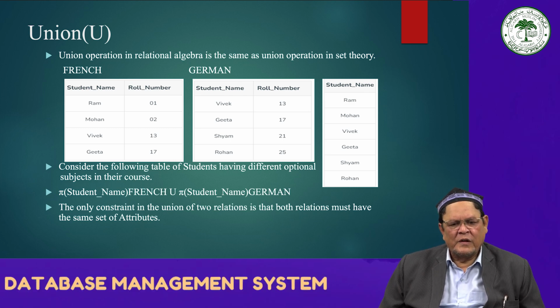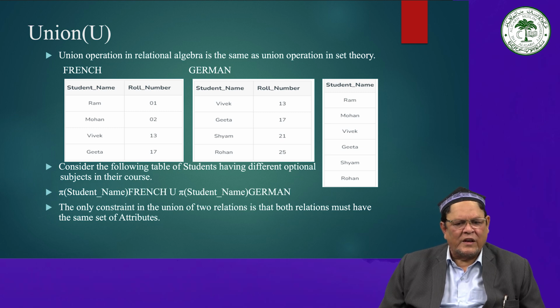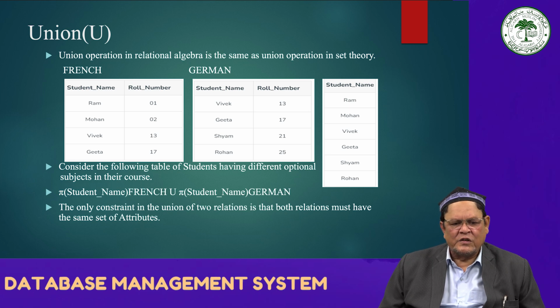For example, consider two relations, one containing information about the employees in department A and the other containing information about employees in department B. By applying the union operator, we can combine these two relations to create a single relation containing all employees from both departments. Union operation in relational algebra is the same as union operation in set theory. The only constraint in the union of two relations is that both relations must have the same set of attributes, as you can see.